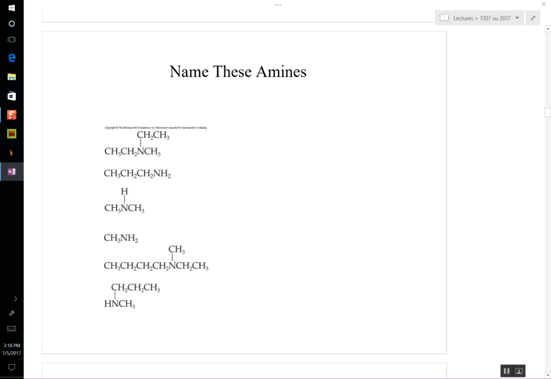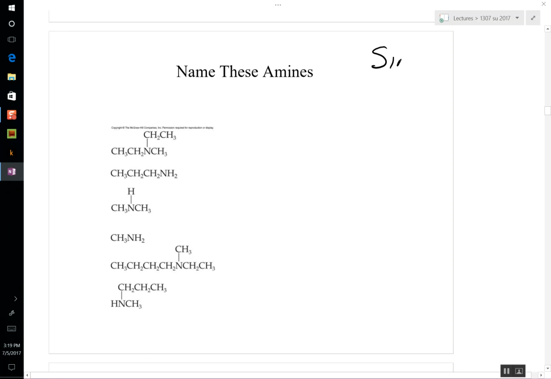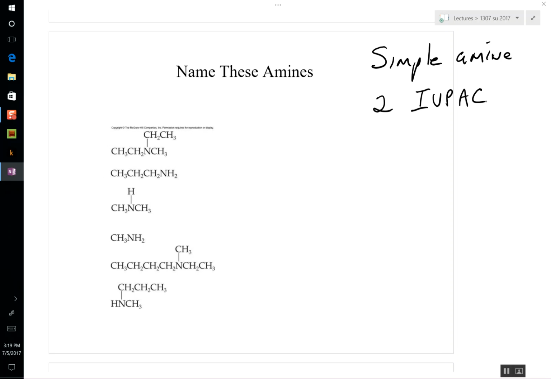So let me explain that quickly. There are simple amines, and we're going to just use simple names for them. And then there are two different acceptable IUPAC systems. If you can use a simple name, use a simple name.